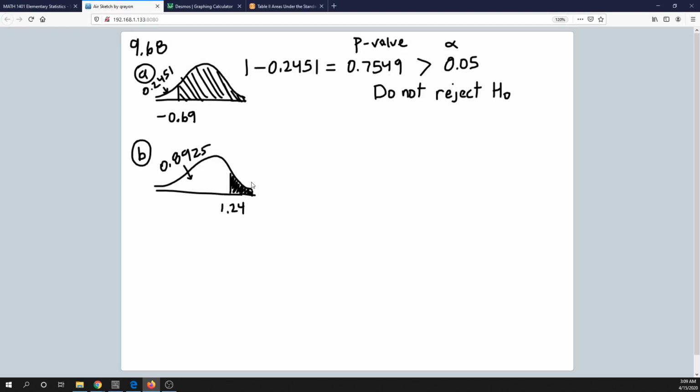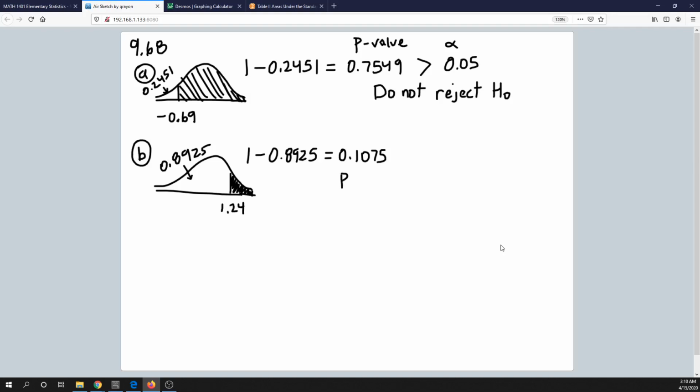But we can get the area that we want by taking that value we got from the table, 0.8925, and subtracting it from 1. And when we do that, we get 0.1075.